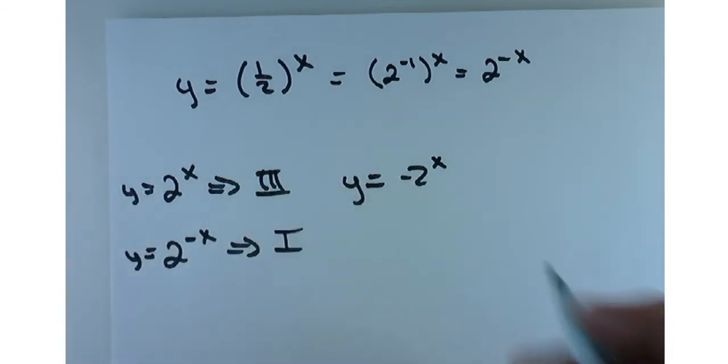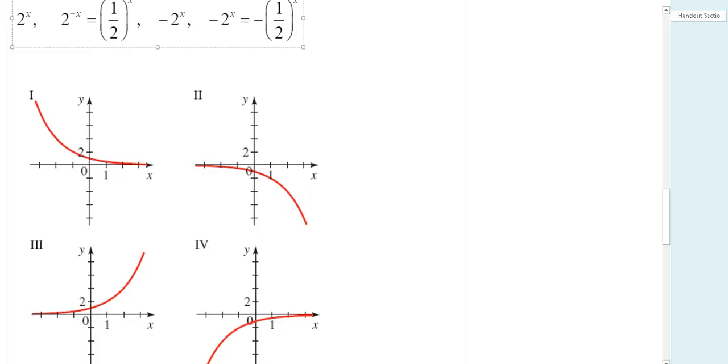Flips it over the x-axis. So which one of the remaining functions has been flipped over the x-axis? Remember, you're going to start out with this one and flip it over the x-axis. I'm thinking 2 looks pretty good, right? Okay. So that one would be 2.